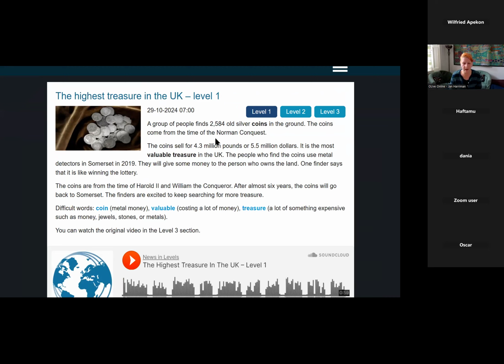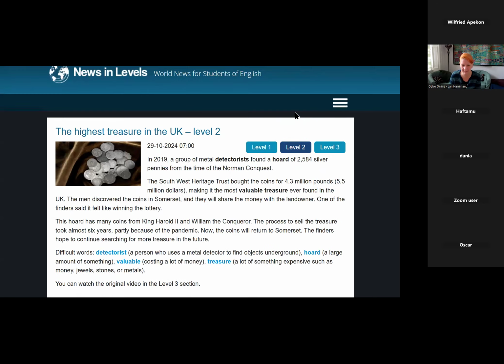So a group of people finds 2,584 old silver coins in the ground. The coins have come from the time of the Norman conquest. Wow. So that is all in the present tense, and they are all in simple sentences. Let's see what level 2 does.